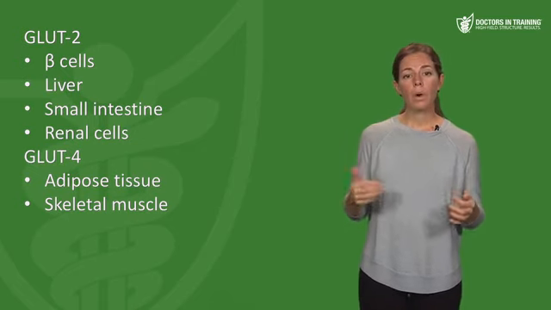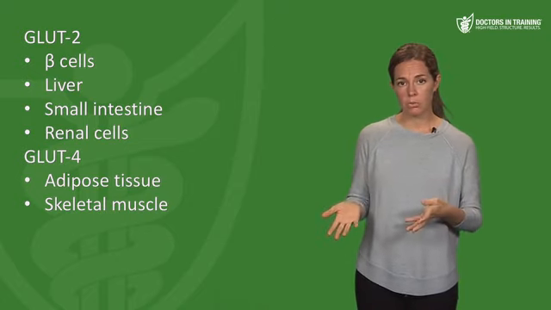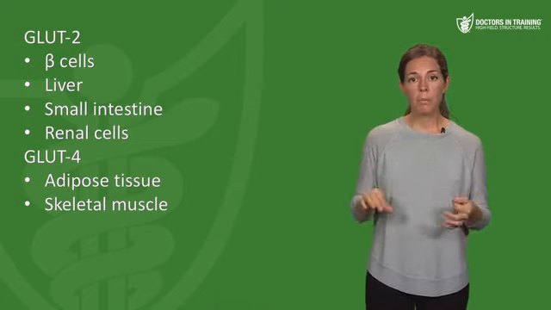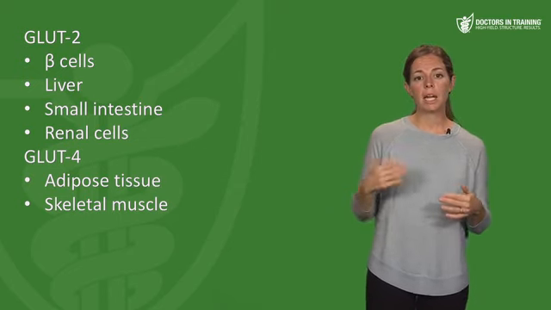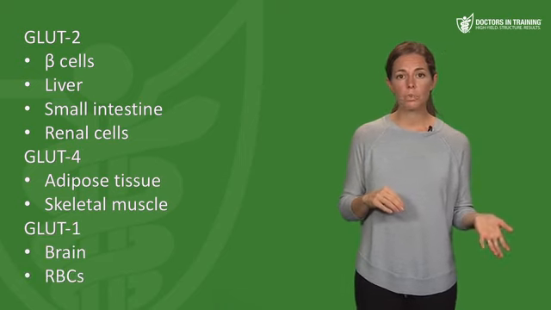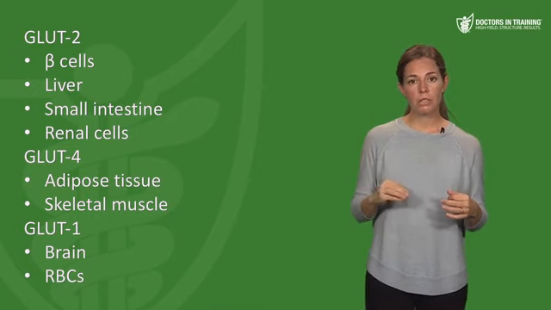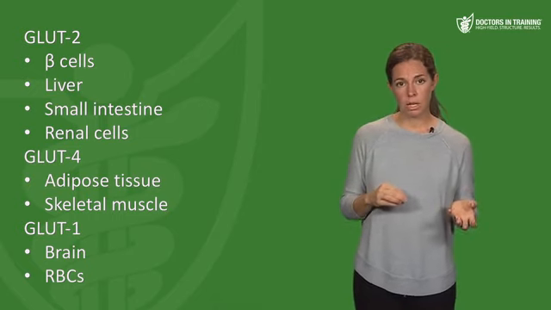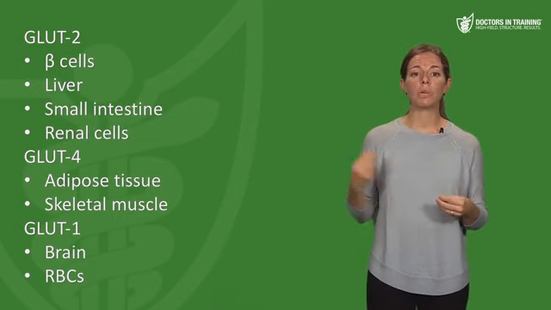So insulin is required in order for these GLUT4 transporters to allow glucose to enter skeletal muscle cells and adipose tissue. Remember, that's the main function of insulin you should remember, to allow glucose to be taken up into skeletal muscle and fat cells. And then there are also GLUT1 receptors, which can bring glucose into the cells without insulin. The brain and red blood cells are particularly rich in these GLUT1 receptors, which allows the brain and the red cells to be capable of taking up glucose even without insulin.